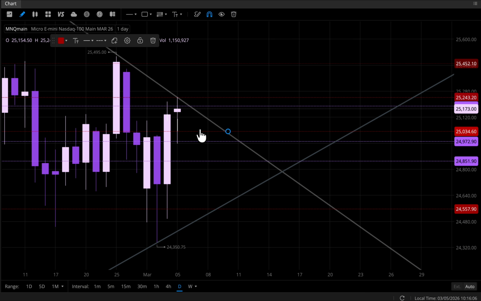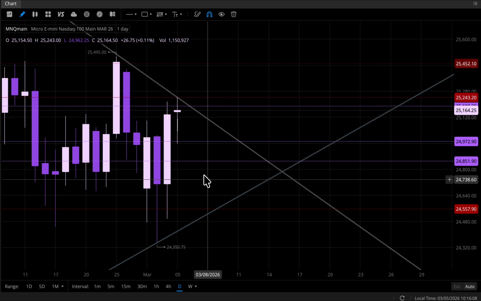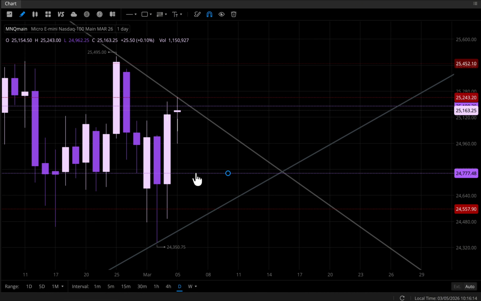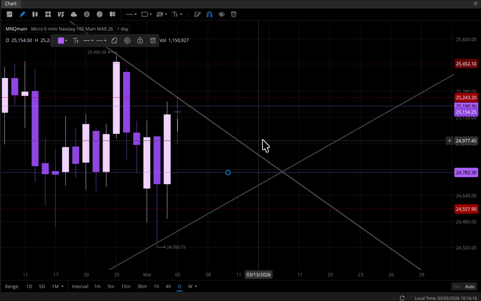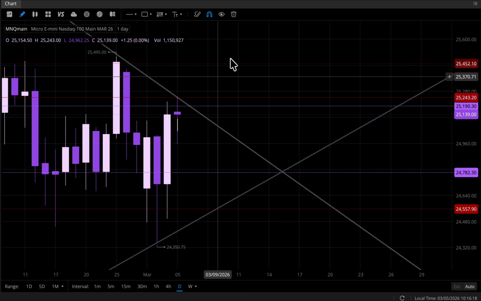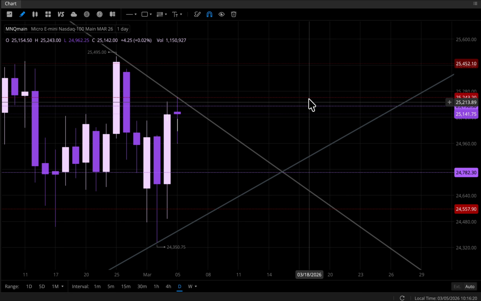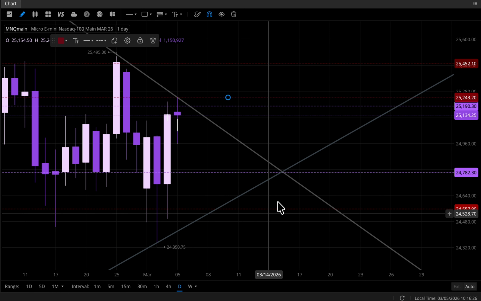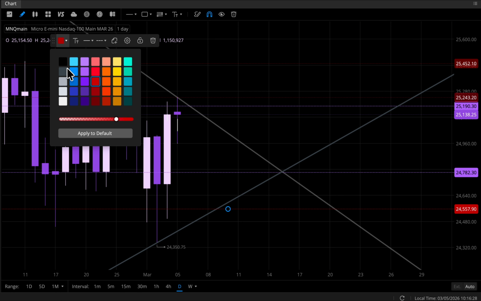I'm going to delete this red one. I'm going to delete this purple one. And I'm going to move this one down. Okay. Got some resistance here and resistance there. And just for the sake of my eyes, I need to fade this. These are a little too bright for me.